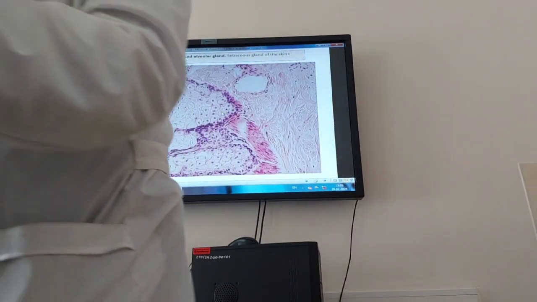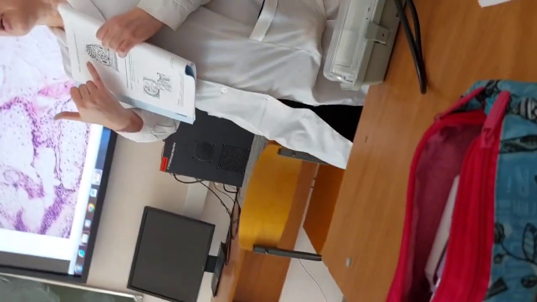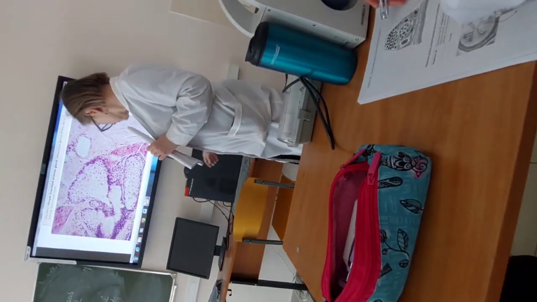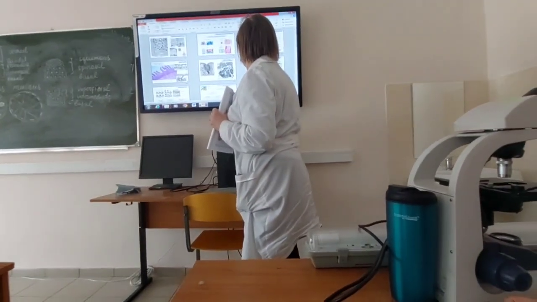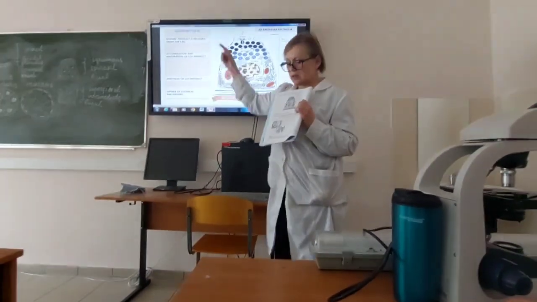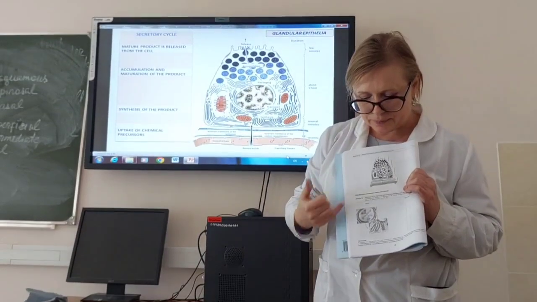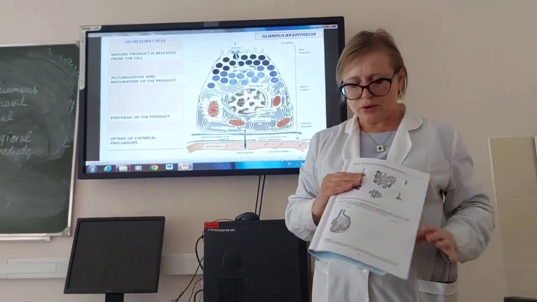So, task 33. This is the goblet cell cycle. So, actually, you can use these phases. You should name these phases of the secretory cycle. Task 35.